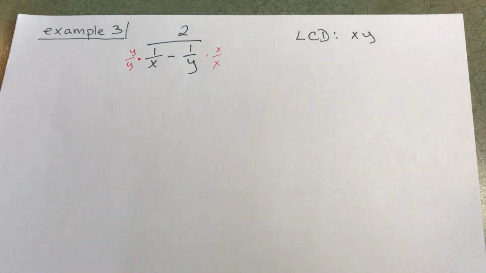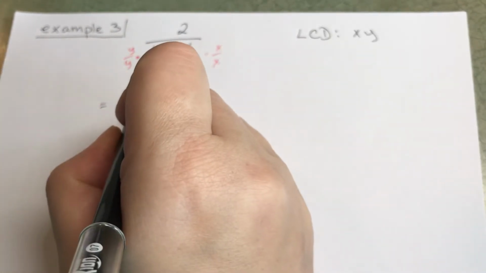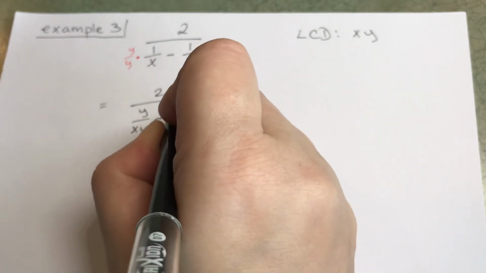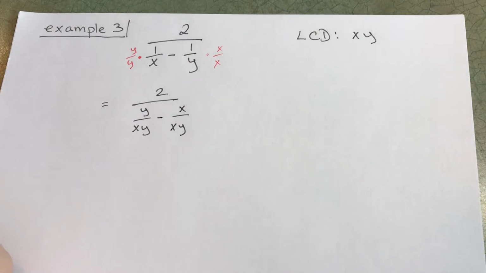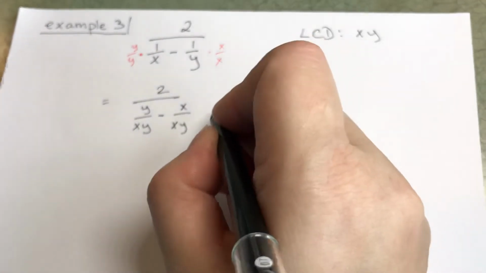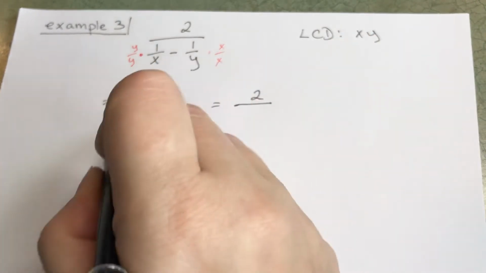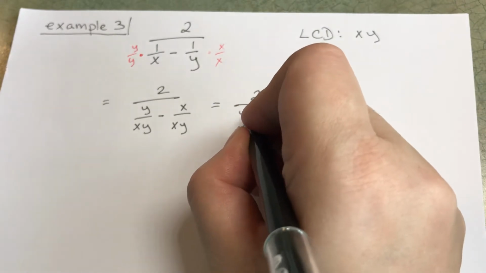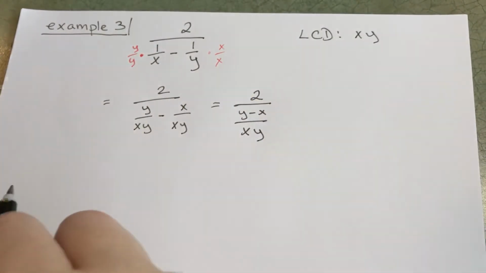Then I end up with 2 divided by y over xy minus x over xy, which is equal to 2 divided by, again, we're just simplifying this bottom part right now, y minus x over xy.